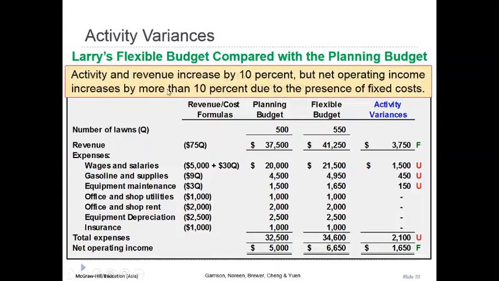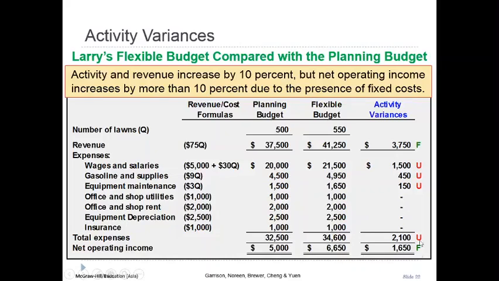So the activity and revenue increased by 10%. 10% of 500 is 50, therefore the activity increases 10%, which becomes 550. But net operating income increases by more than 10% due to the presence of fixed costs.